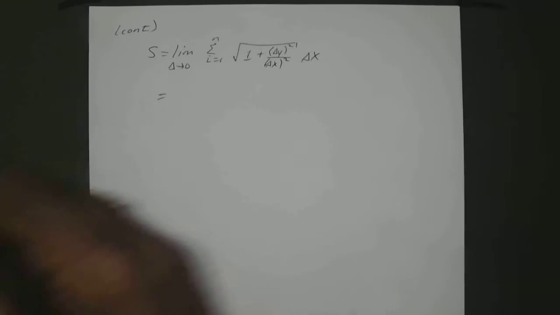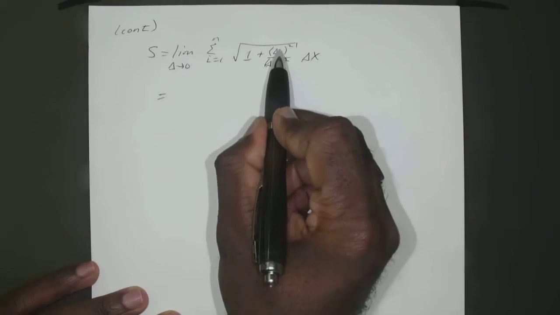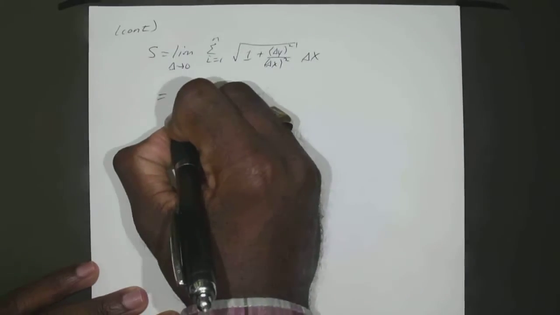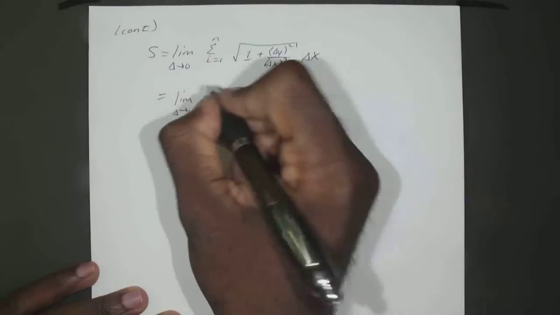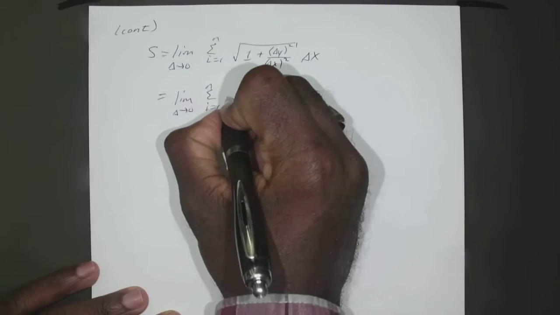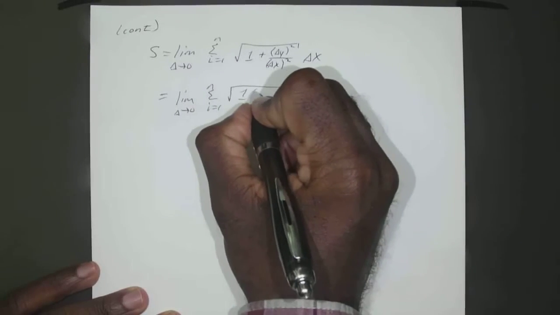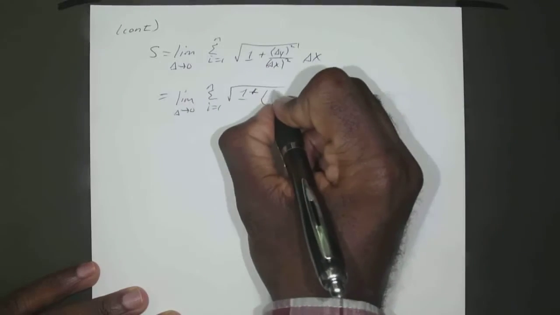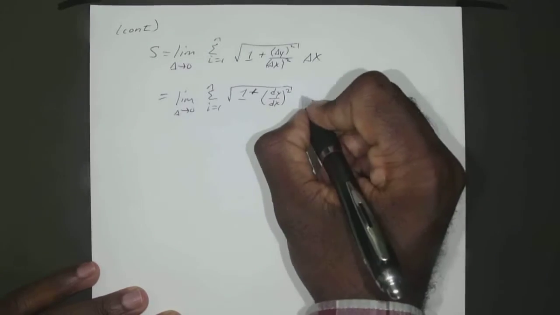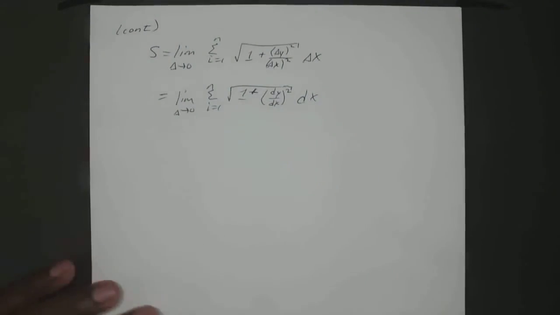Okay. So we already figured out that delta y is dy and delta x is dx, so that's the limit as your deltas approach 0, from i equals 1 to n, the square root of 1 plus dy/dx squared dx. Which, if you look at it, that's basically your integral formula.